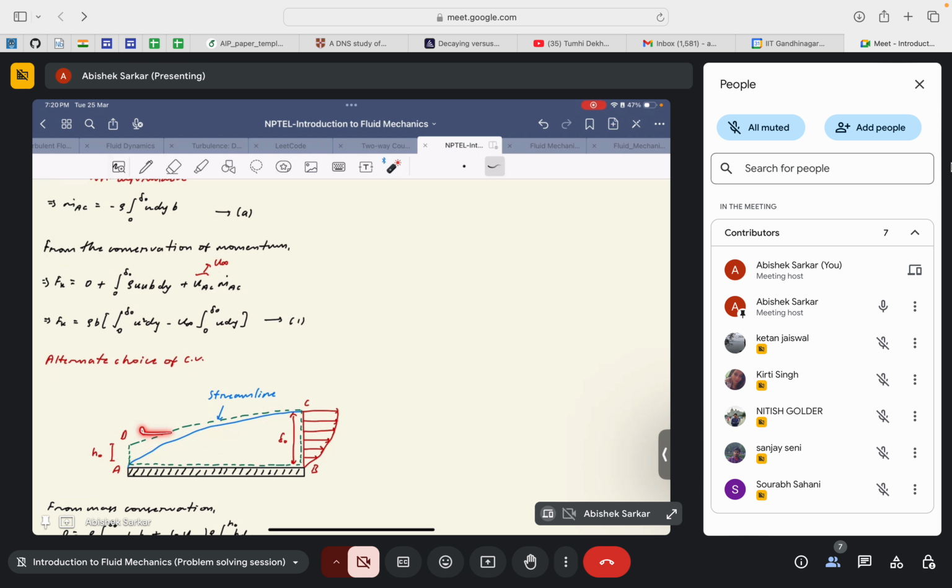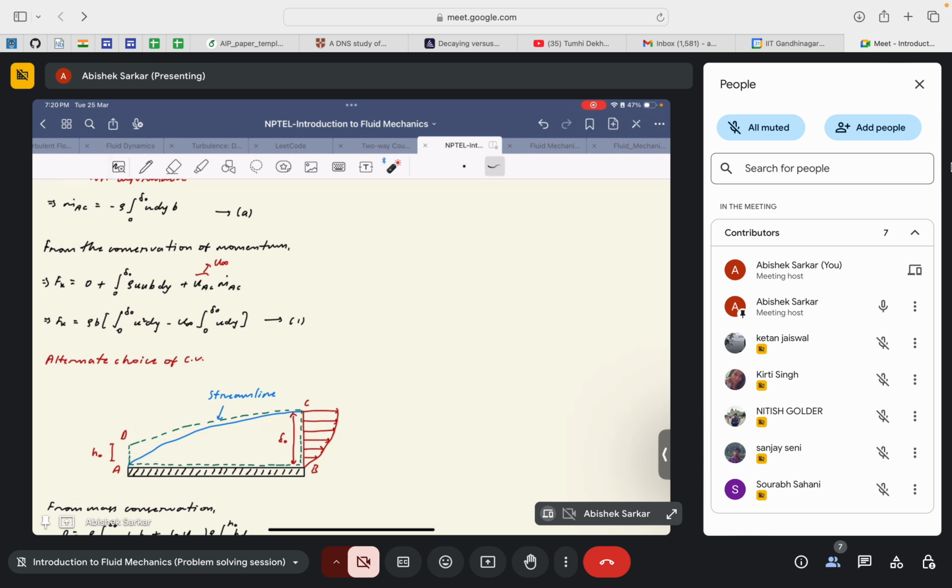It's coming in at a particular angle, and I'm feeling a bit uncomfortable while solving this kind of problem. Because now if I have to find the components, then I have to find the angle between the velocity and the normal vector to this particular control surface, which is again a curved shape, and it's quite difficult.